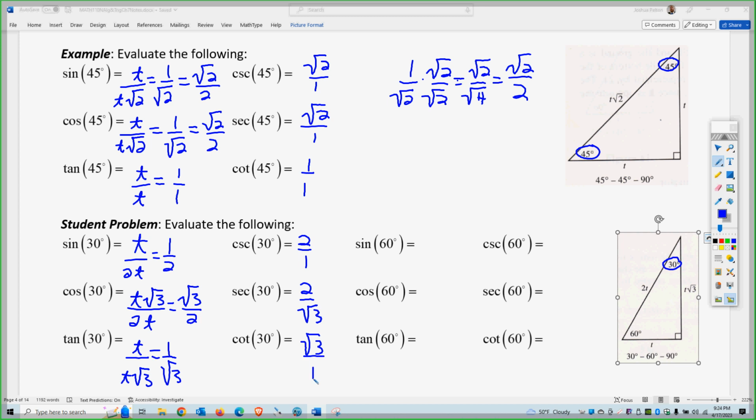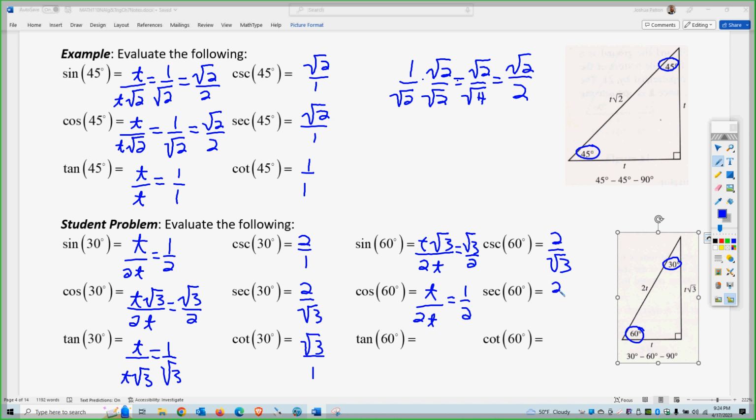I'm not going to here. It's not necessary. Okay, so if I do 60 degrees, the opposite is t root 3 over the hypotenuse, which is 2t. So I get root 3 over 2. The adjacent would be t, and the hypotenuse is 2t. So I get 1/2. So I get 2 over root 3.